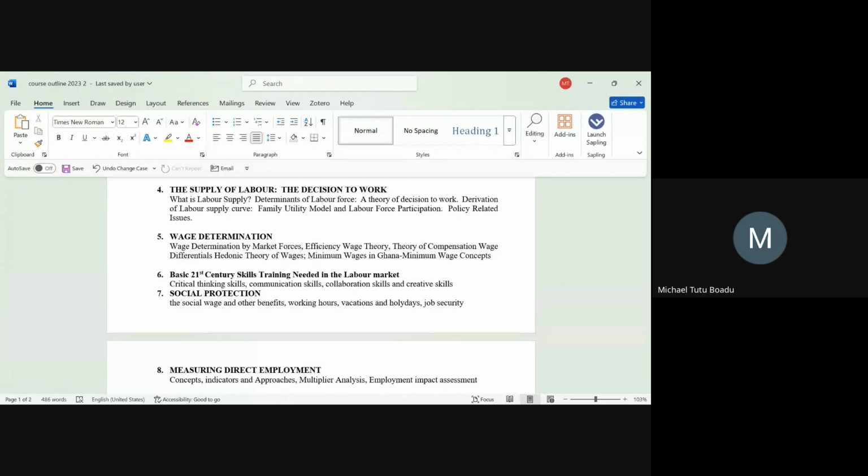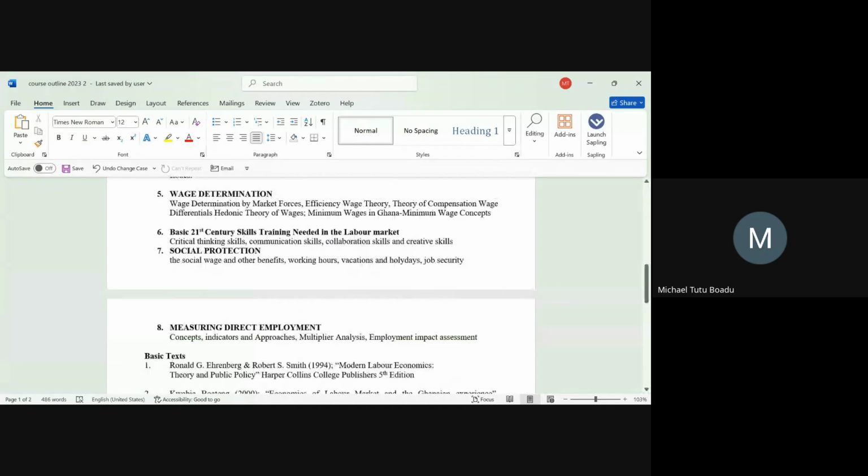Then wage determination, how wages are determined, will be our fifth topic. How market forces like labor unions help to determine wages, how the tripartite committee, which is the minimum wage or wage determination committee in Ghana, helps to determine the minimum wage.